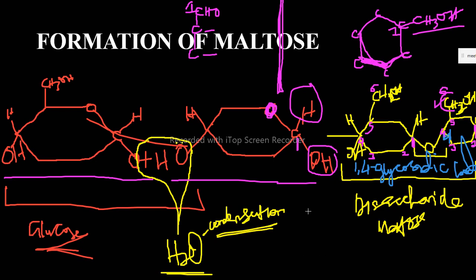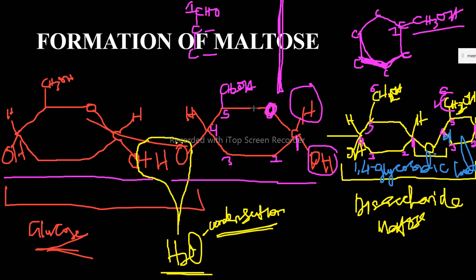So the nomenclature still remains the same. It is still the same glucose. This has carbon 1, carbon 2, carbon 3, carbon 4, carbon 5, and then this one has carbon number 6.